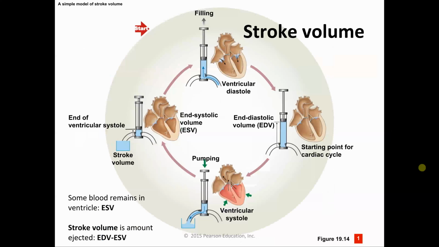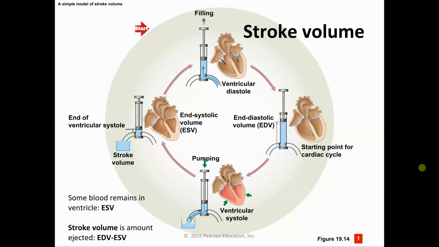But during the ventricular diastole, the blood is passively filling. And then the end diastolic volume is, at the end of diastole, how much blood is in the ventricles. So then the ventricles contract. And remember I said not all the blood is going to move out.